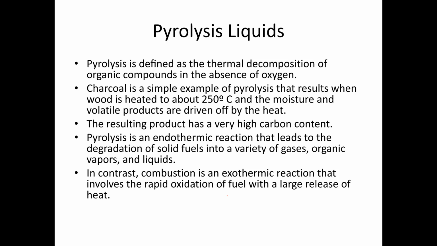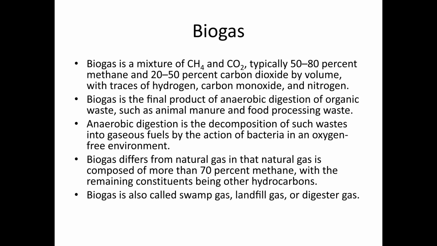And then there's biogas. Biogas is a mixture of methane and carbon dioxide. So it's typically 50 to 80% methane and 20 to 50% carbon dioxide by volume, with traces of hydrogen, carbon monoxide, and nitrogen.